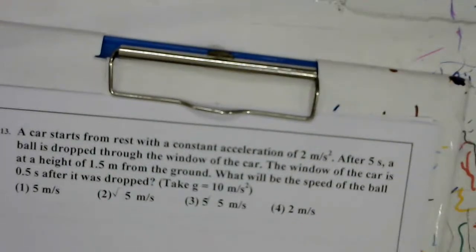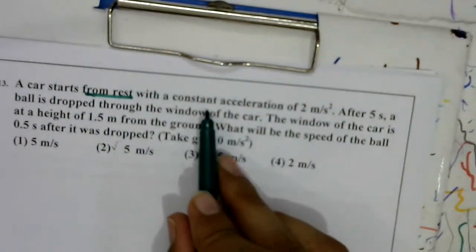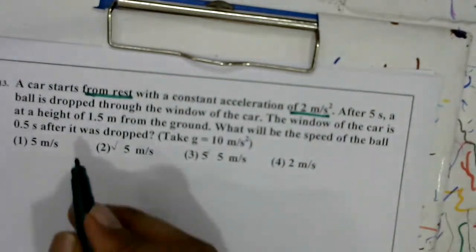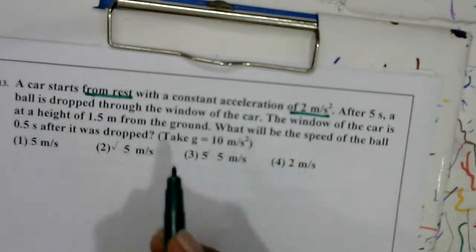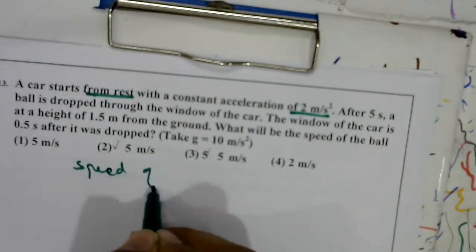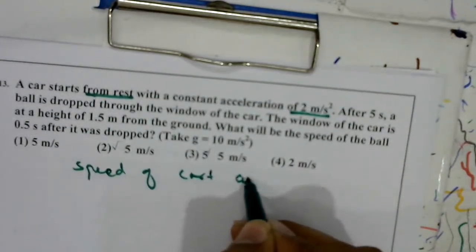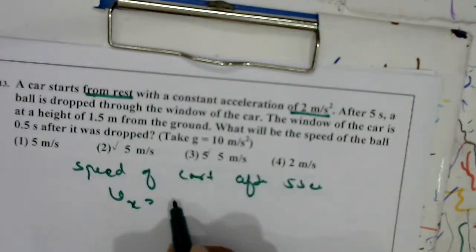Next, a cart starts from rest, initial velocity 0, constant acceleration is given. In that case, after 5 seconds a ball is dropped. Speed of cart after 5 seconds: Vx is equal to what?